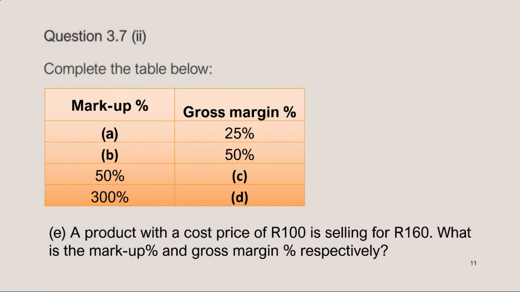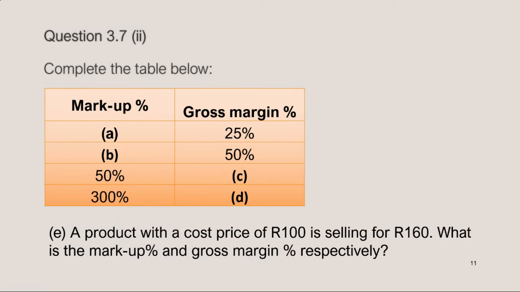Remember, markup percentage is our profit percentage over our cost price percentage. Our profit percentage is 25%, and our cost price percentage is 75%.